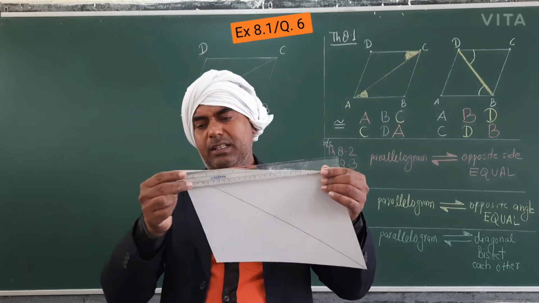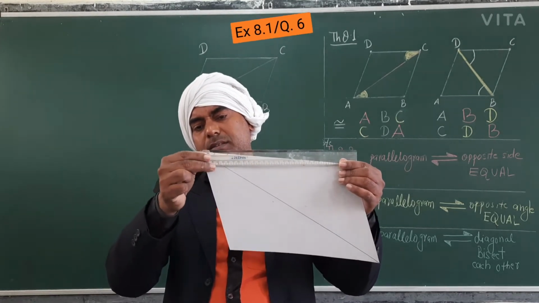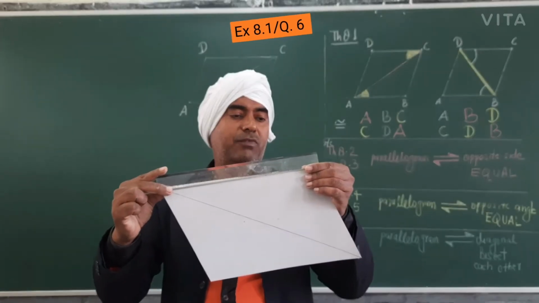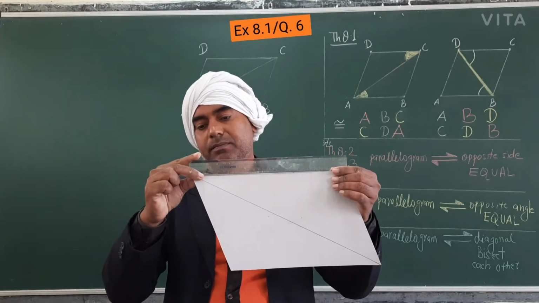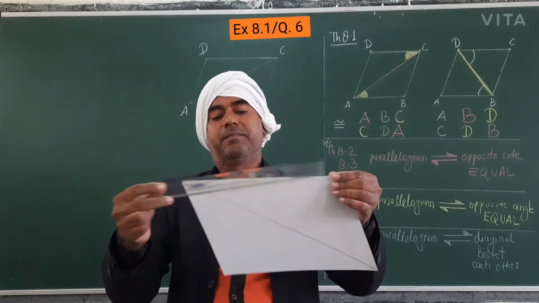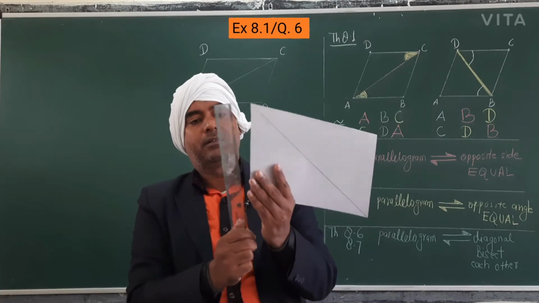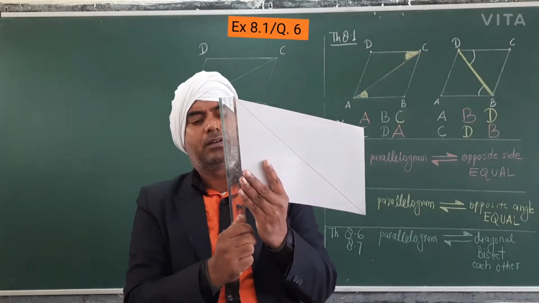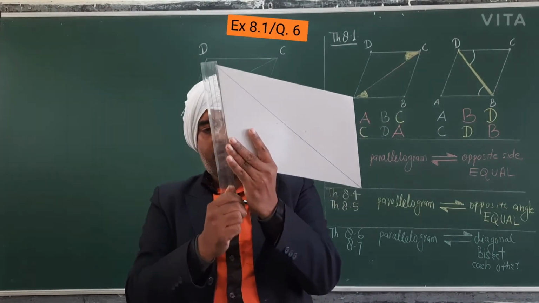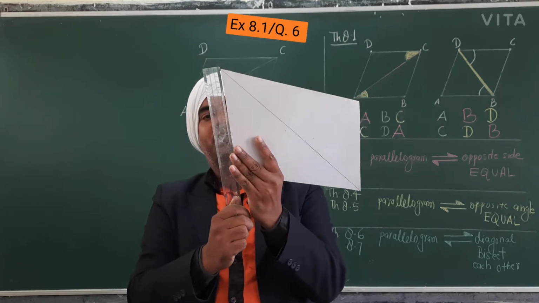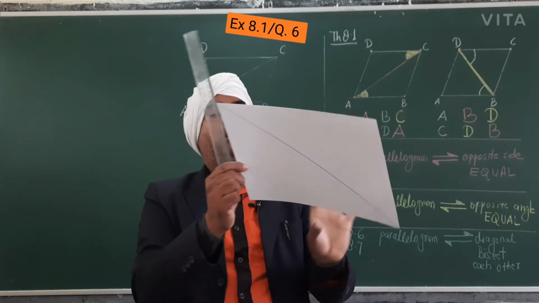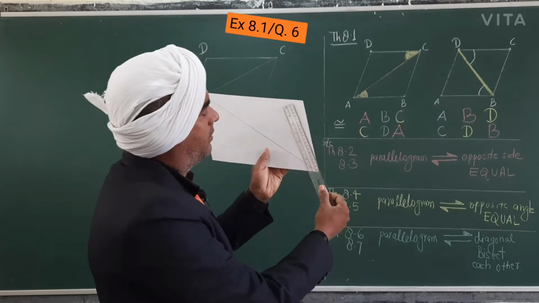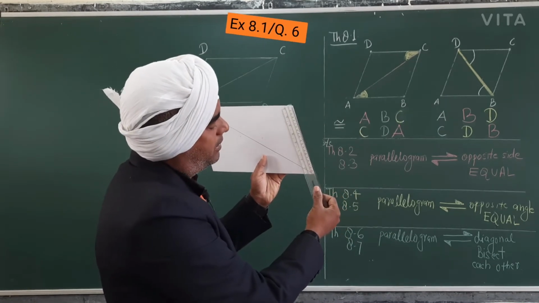I am sure that it is not visible to you, but you will draw this type of figure also. You will cut. This is 30 centimeter. And this is what? Here it is visible to me only 20 centimeter, and this is 20 centimeter.